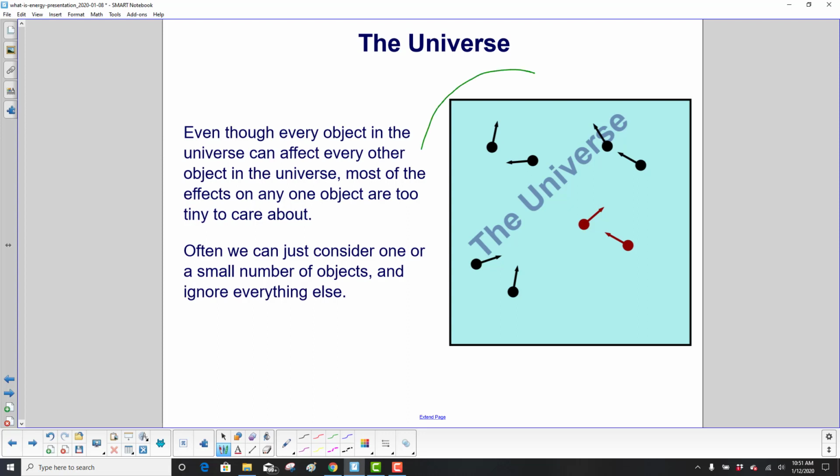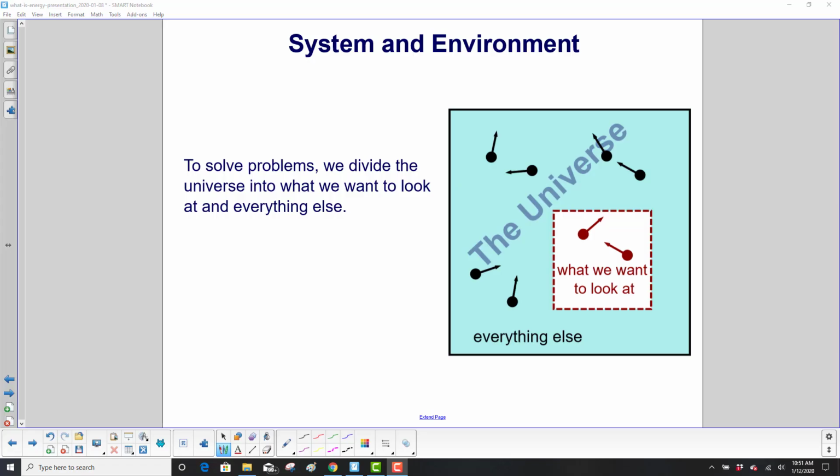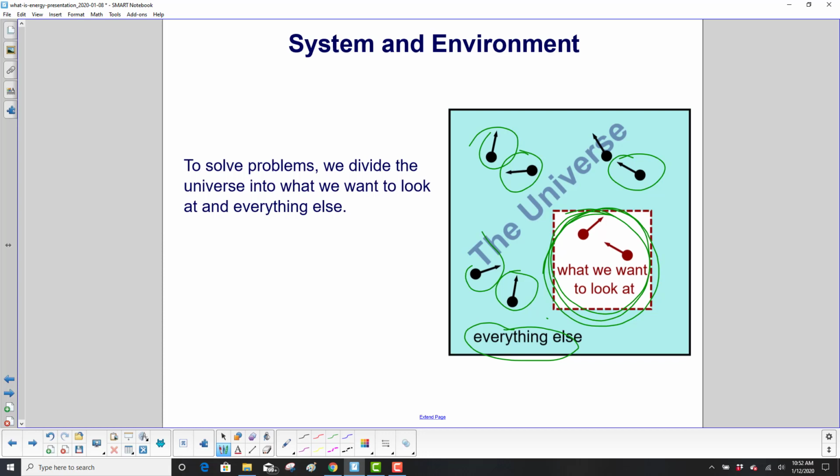So here's our very simple model of the universe, and you've got a bunch of different objects moving around in different directions. Here's what we do. To solve problems, we divide the universe into what we want to look at, right here, and then everything else. And everything else are these guys, and everything else that is in the universe. We're just worried about what's in this box here.